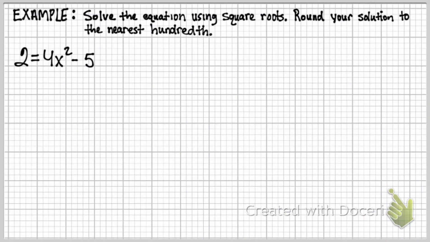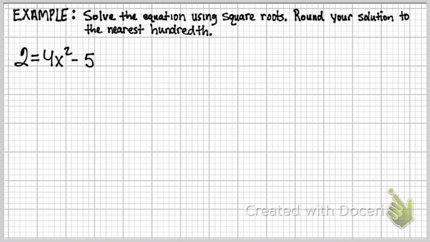So the first question that we have to ask ourselves, is this the kind of equation that can be solved by using square roots? And we know that those equations are equations that have a b value of 0. Or another way of saying the same thing is we're looking for equations that don't have an x term. So in our equation, I see 3 terms. I see a 2, I see a 4x squared, and I see a minus 5.